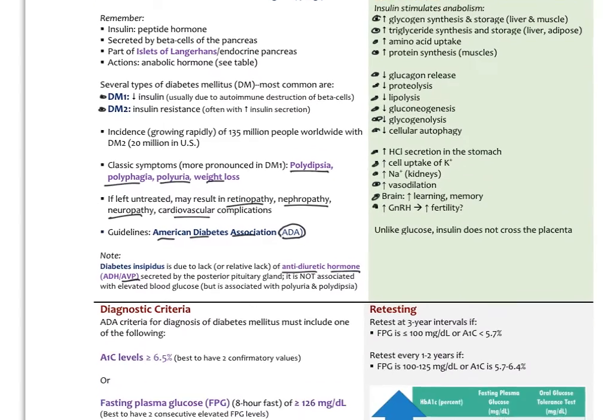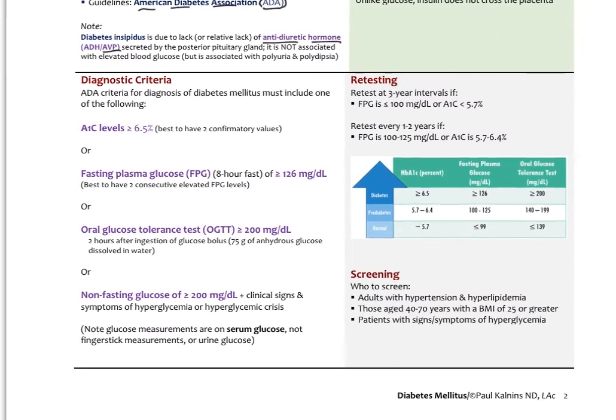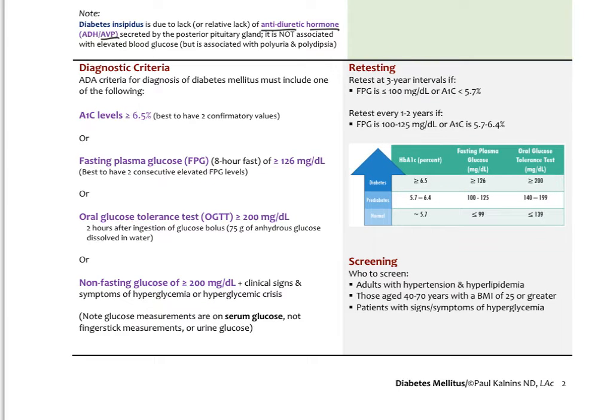Okay, what are the diagnostic criteria for diabetes? The American Diabetes Association has the following recommendations in terms of testing. One of our main blood tests, especially for type 2 diabetes, will be our hemoglobin A1C. Remember, hemoglobin A1C is hemoglobin that has been glycosylated.